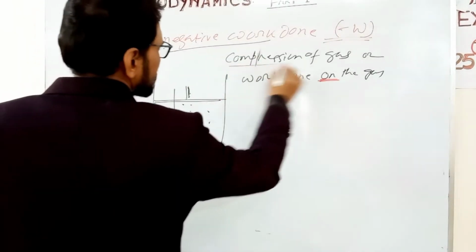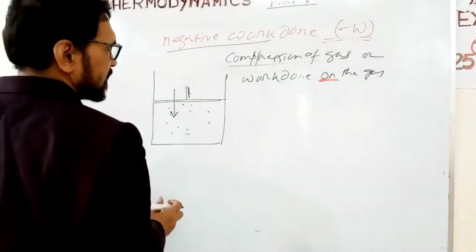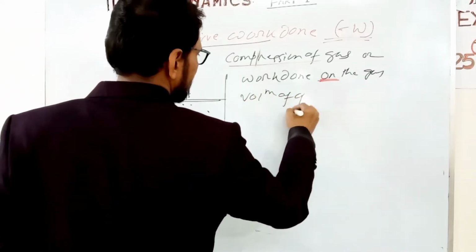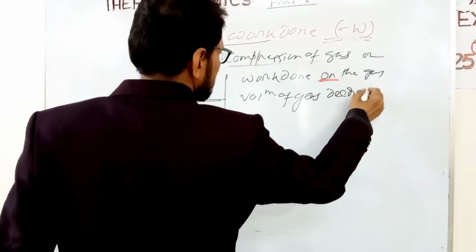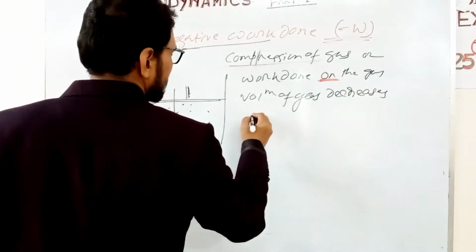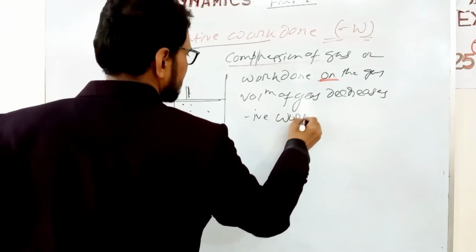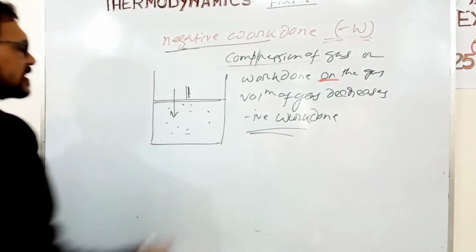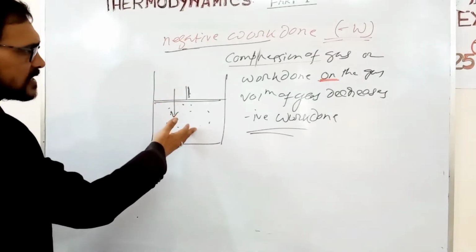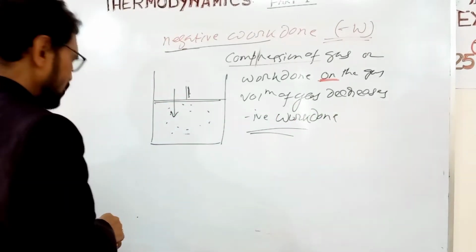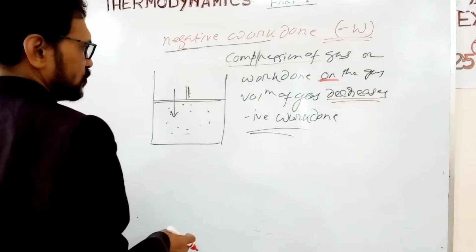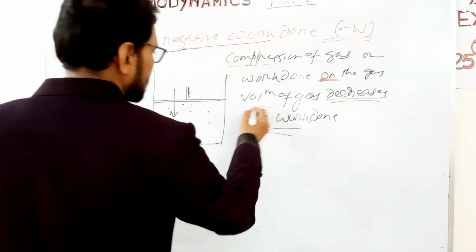That is, the volume of the gas decreases. This process is called negative work done. So negative work done means work done on the gas, that is, the volume of the gas decreases, or compression.